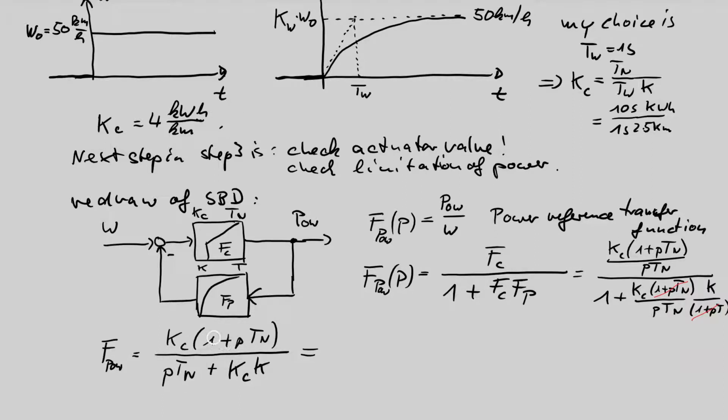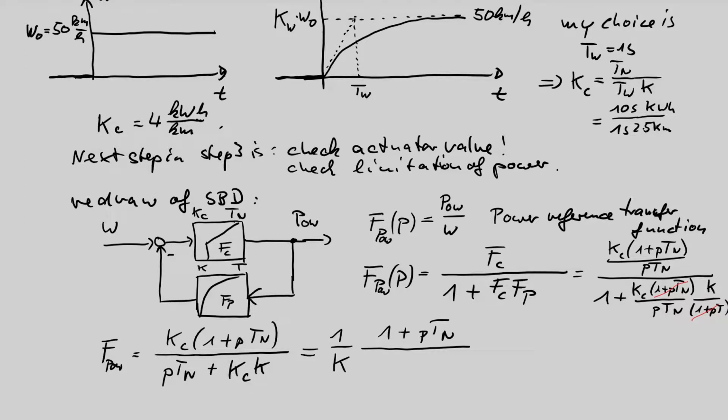Here we have a polynomial function with a 1. This is already normalized, but here the first order function has a KCK. We need a 1 here to have a normalized value, so we have to divide by KCK. KC divided by KCK is 1 over K. In the numerator we have 1 plus PTN.